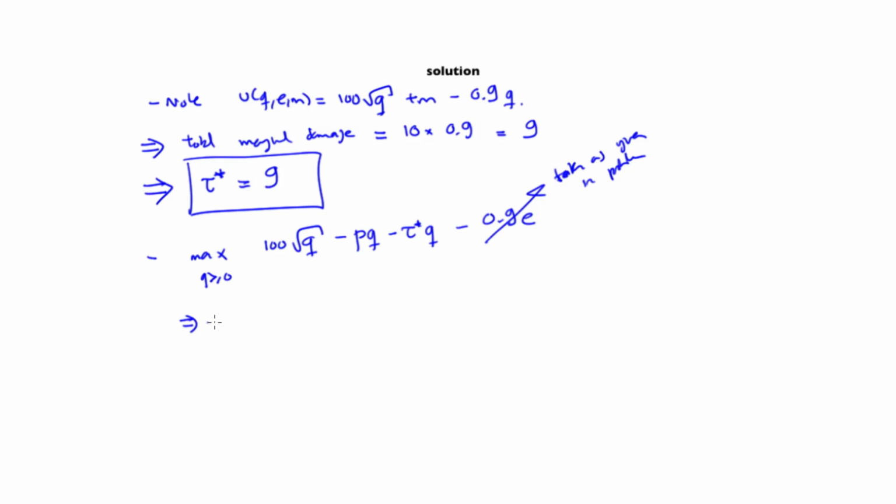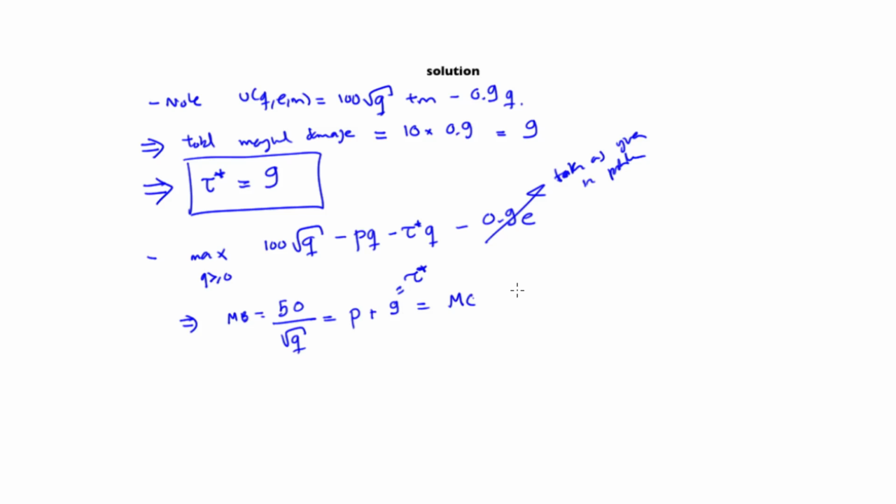And this implies that the consumer says marginal benefit, which is equal to 50 over square root of q, equals p plus 9, which is the marginal cost. And here, remember, this is the value of the optimal Pigouvian tax.